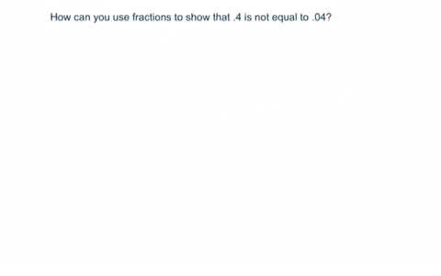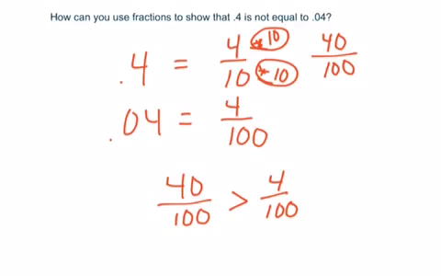Then how about this? How can you use fractions to show that the 4 tenths is not equal to 4 hundredths? Pause it, give it a go, come back and check. So 4 tenths written as a fraction is 4 over 10. The other one, 4 hundredths, is 4 over 100. If I really want to compare them, I want to have them both in tenths or both in hundredths.